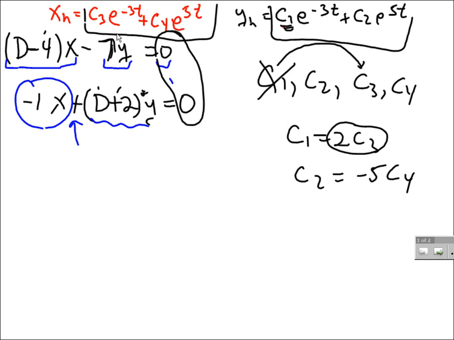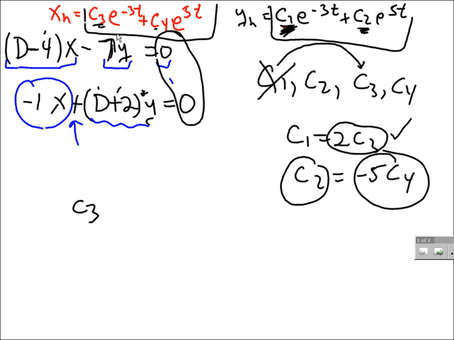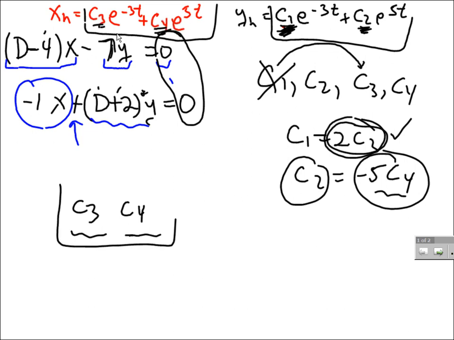So say that C1 I wrote as 2C3. Same thing with C2. The only C2 I see is right there, and it's no longer there anymore, because I'm going to write C4. Okay, so here I have C3, here I have C4. The C1 is really a multiple of C3, and C2 is a multiple of C4. That is, I can write x and y just using two unknowns, two constants.